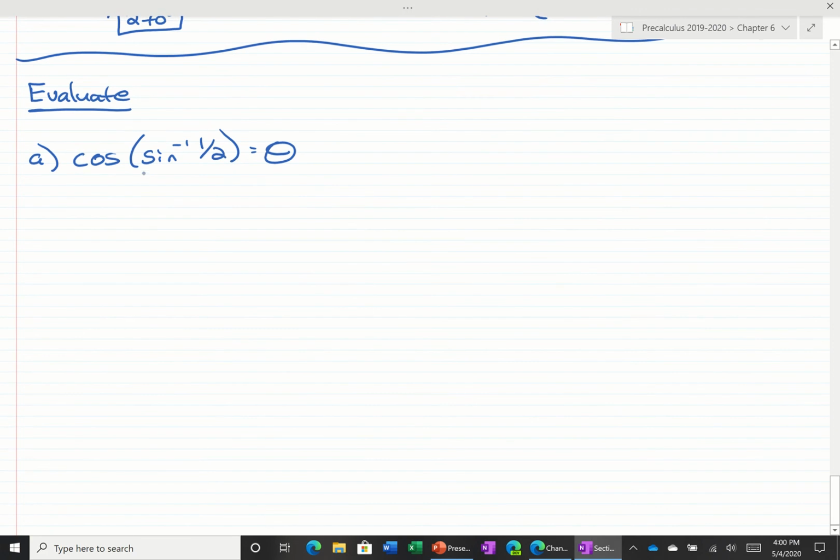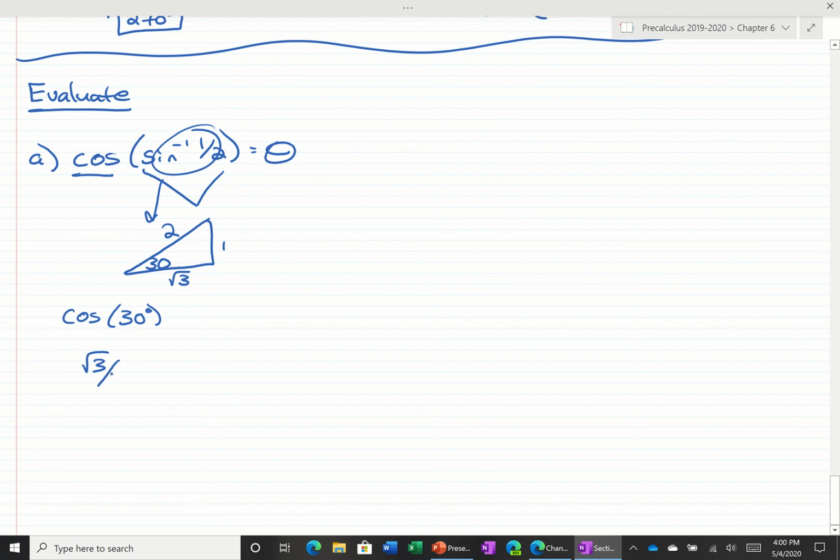What we do is this is going to give us an angle. Inverse trig always gives us an angle. So what angle gives us a sine of 1/2? Well, 30 degrees would give us a sine of 1/2. So what's the cosine of this angle, or what's the cosine of 30 degrees? And the answer would be √3/2.